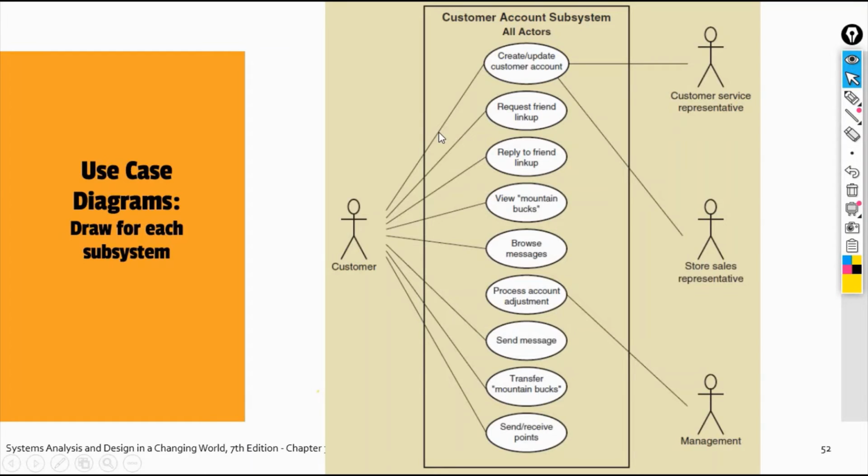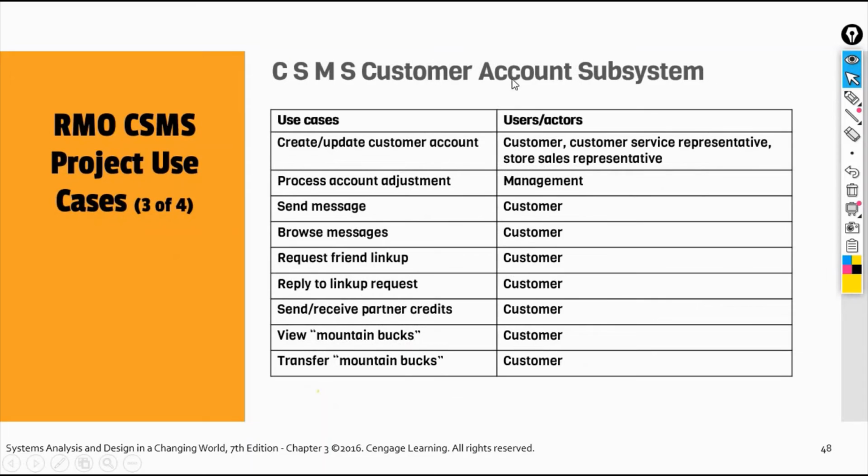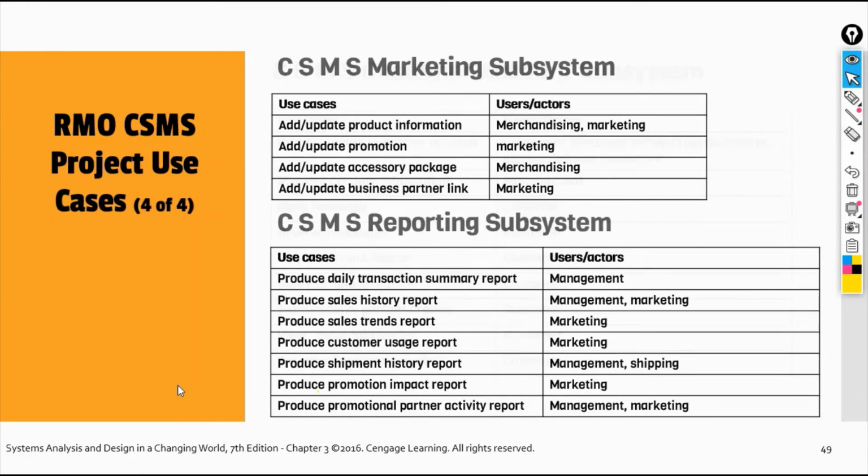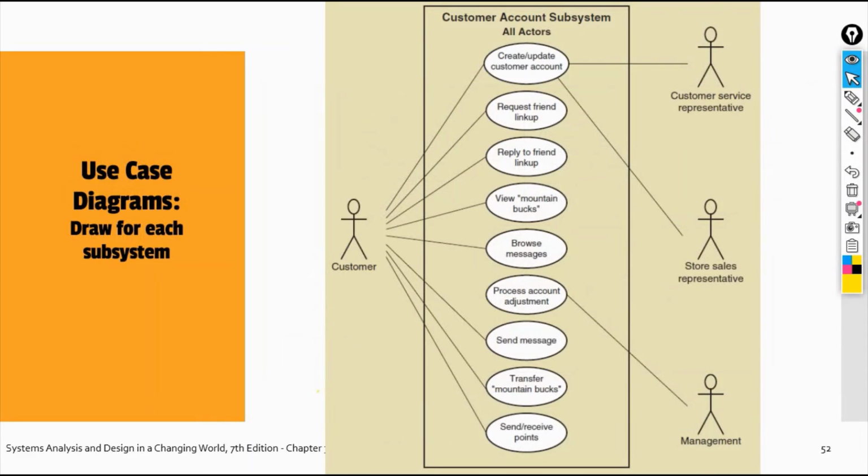A while ago, I showed you the list of use cases for that subsystem. These are the list of the use cases, and these are the actors for the use cases. So instead of a list of this, we recast that into a use case diagram.